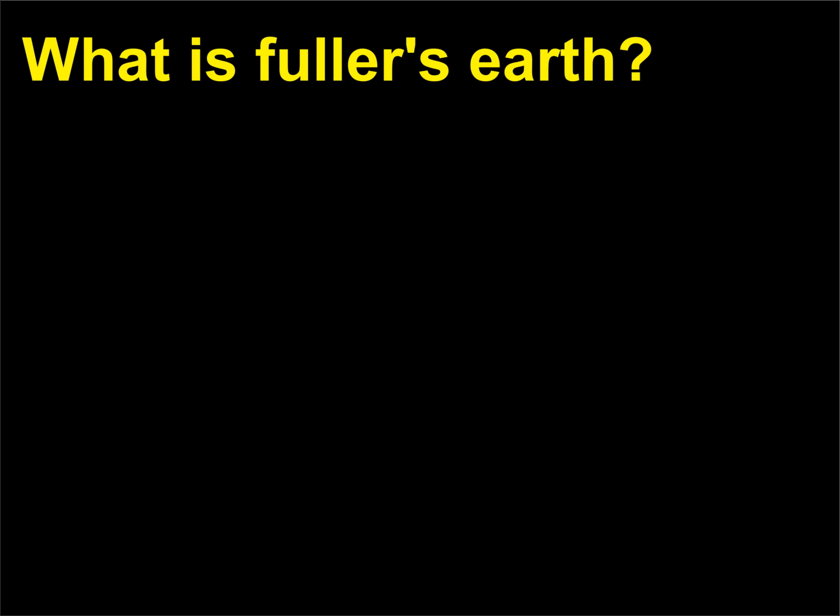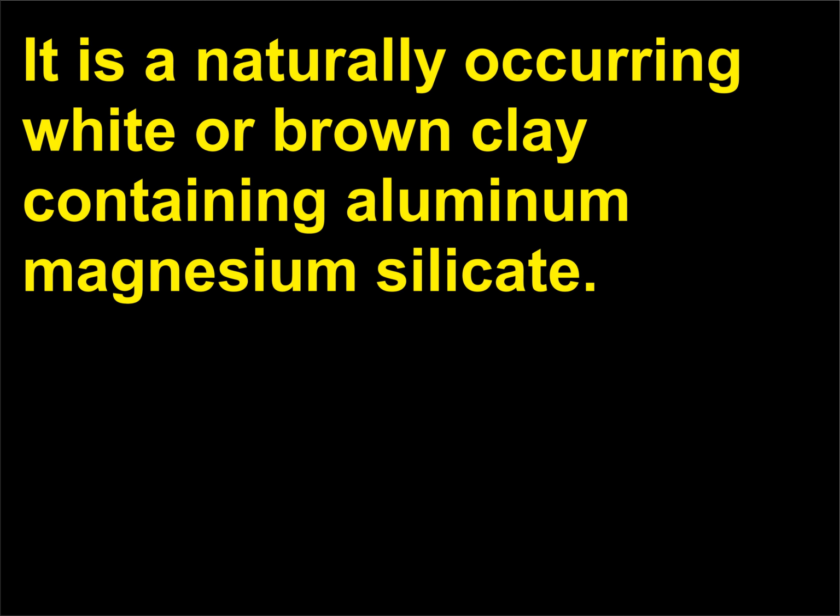What is Fuller's Earth? It is a naturally occurring white or brown clay containing aluminum magnesium silicate.